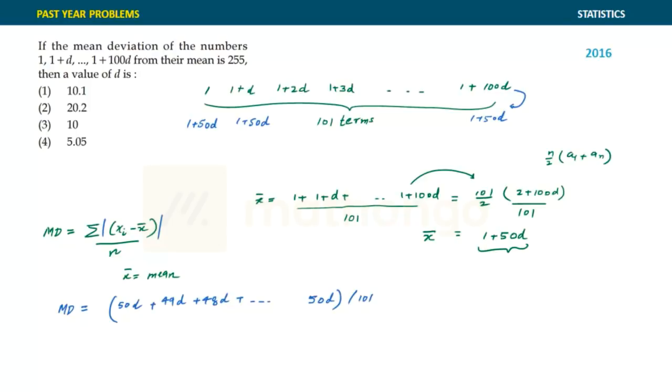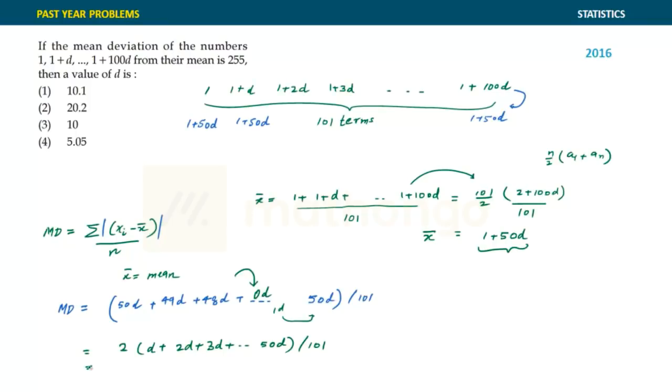It is 50, then 49, then 48, then somewhere down here a 0d must have occurred, and then it starts from 1d and so on till 50d. So the series d plus 2d plus 3d up till 50d is getting repeated twice. This is what has to be understood.